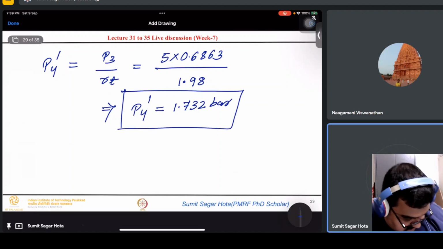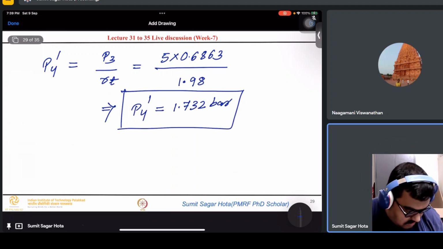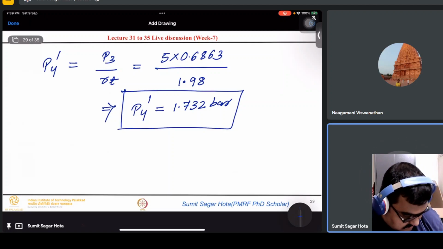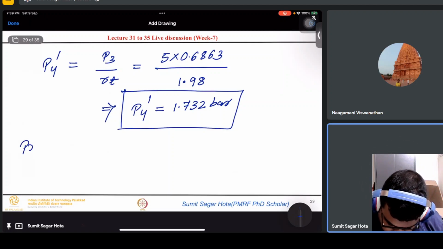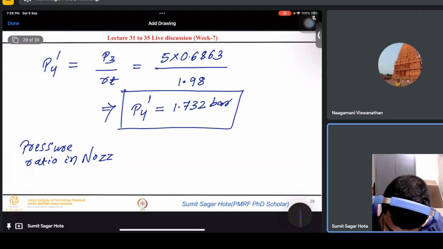Okay, if you know P4 dash, that means you can now find out in the nozzle. Okay, what is the pressure ratio in the nozzle? This can be one question also.